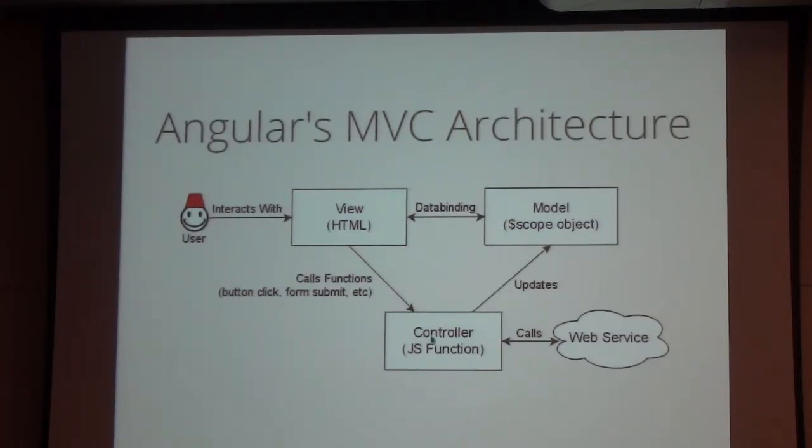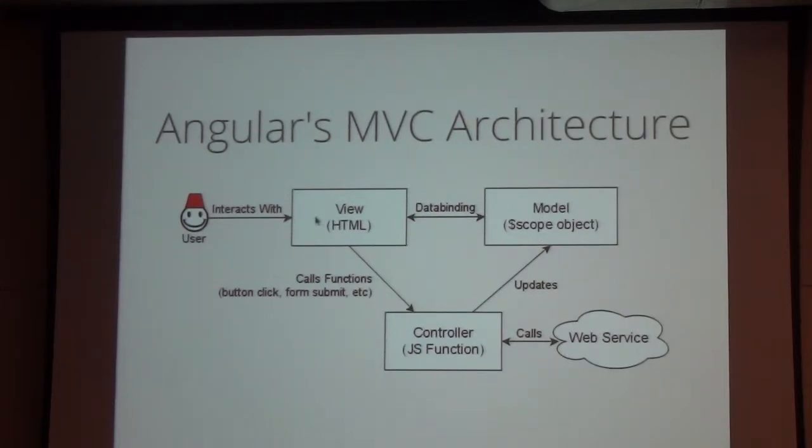And then we have a controller, which can update the model by initially getting the data. So for example, maybe it calls out to a web service, gets some data back, and puts that in the model. And then it can also update the model if the user performs an action. Say they submit a form, or click a link or a button. That'll call functions on the controller, which will then update the model. So that's the general interaction model that we have.